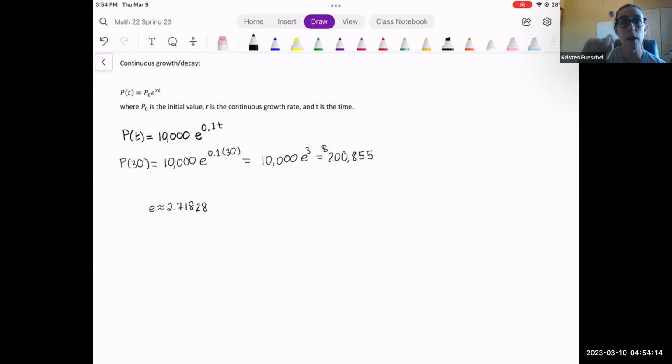But often much more important than how frequently we're compounding is just going to be the growth rate. So if you have a difference between like a 10% rate and a 7% rate, the 10% one is almost always going to be the better one. Great.